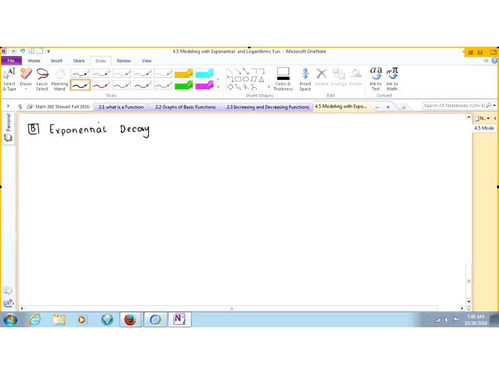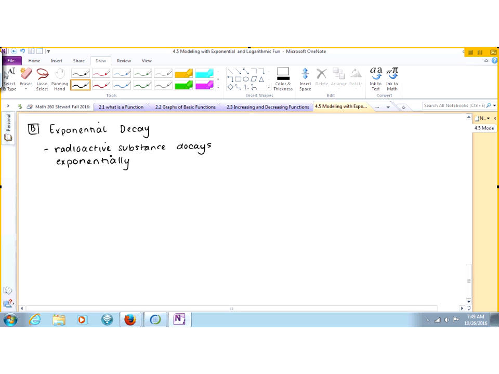Well, what decays exponentially? Radioactive substance. Yes, this is the most common, radioactive substance. Decay exponentially. All right.